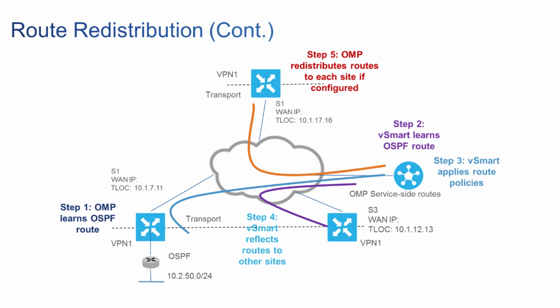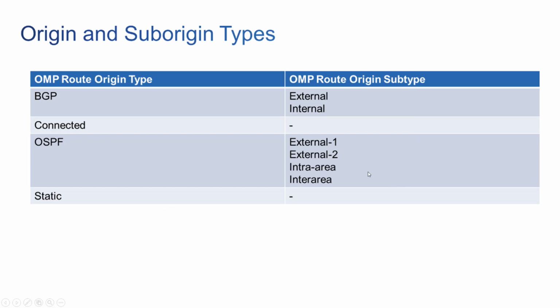Now, as I started to allude to, we have different origin and suborigin types that are identified with these routes within the SD-WAN fabric. OMP actually sets the origin and suborigin type for each OMP route, which indicates the route's origin.